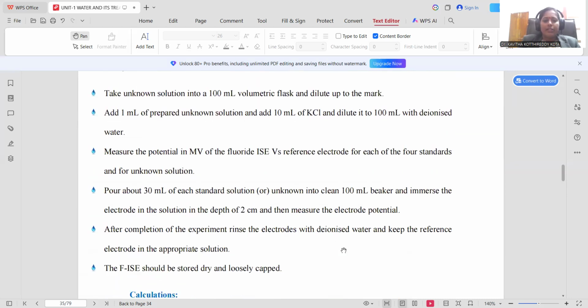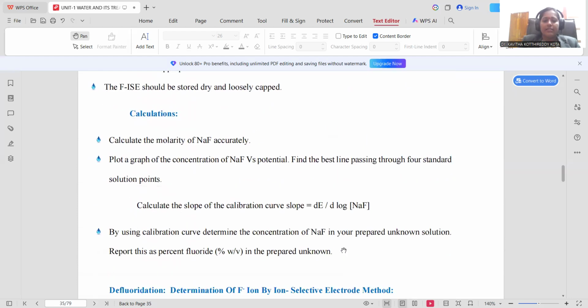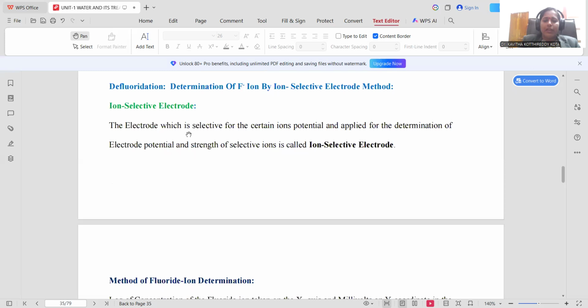Now, it's time to go for the analysis process. To analyze, we determine the fluoride ion concentration by using the ion selective electrode method. The electrode which is selective for certain ions, and is applied for the determination of electrode potential, detects the strength of selective ions, and that is called an ion selective electrode.